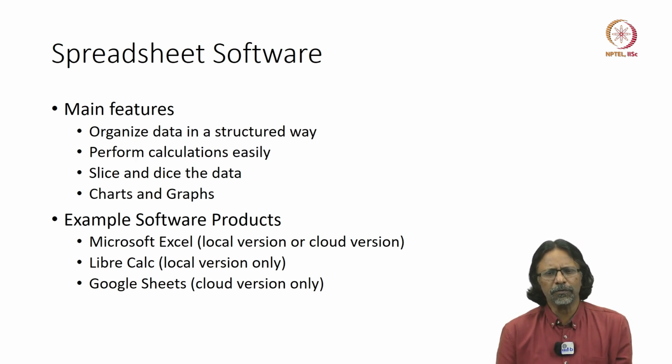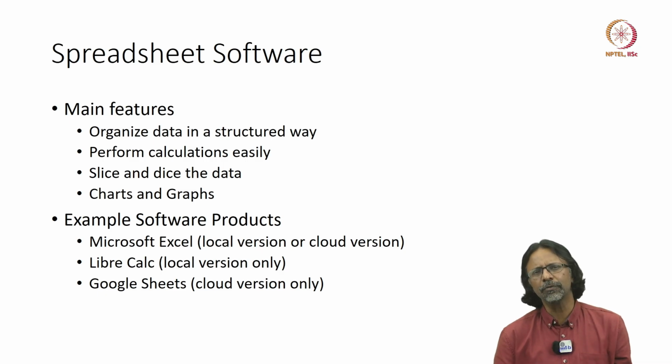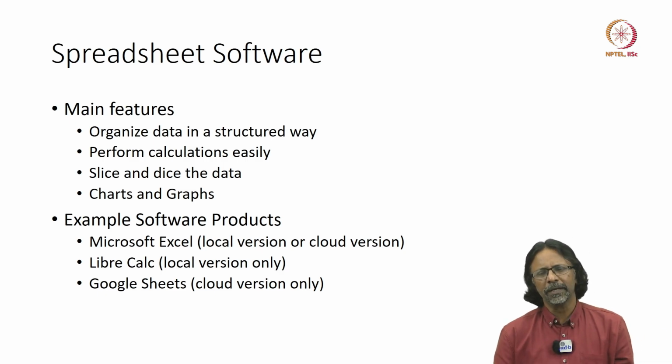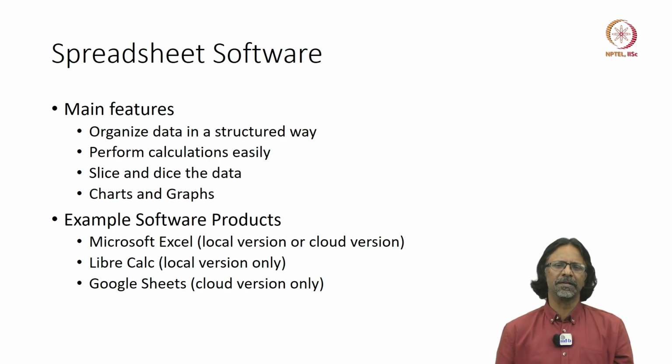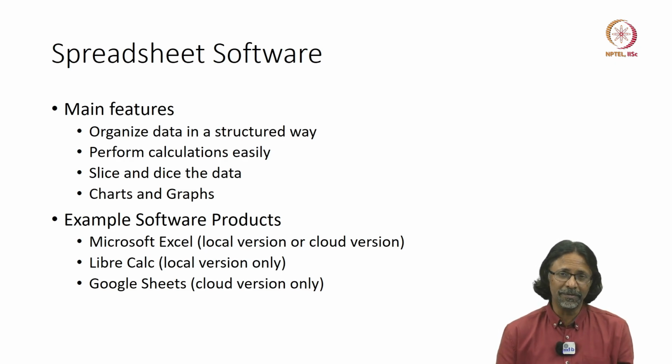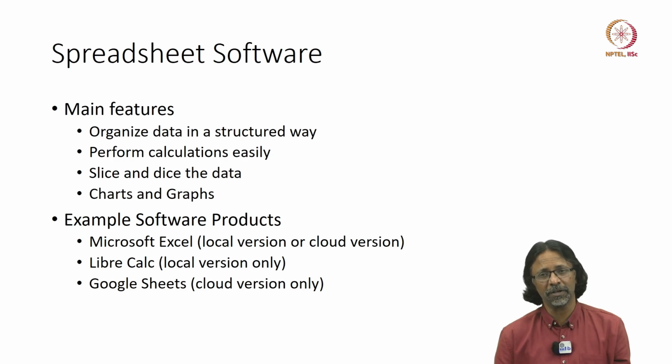So the Spreadsheet software allows you to organize the data in a very structured way, right? So you can imagine, what extra features does say a Spreadsheet software gives that a word processor does not give. Because in both cases, the data is in digital form.